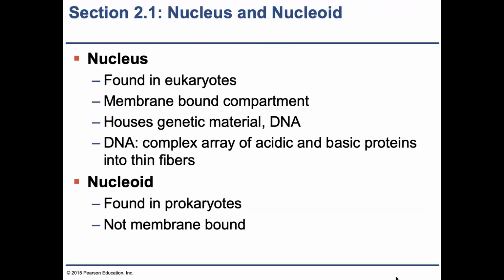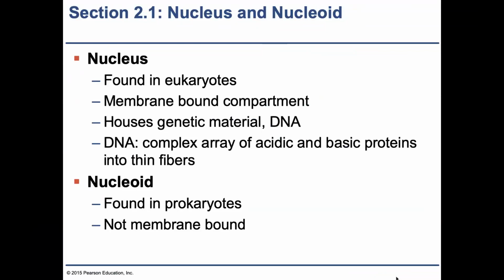So it's housed in a second membrane-bound compartment, not the outer plasma membrane, but instead a nuclear membrane. And it's within this subcellular compartment that the genetic material is found, again, in the form of either one or more DNA molecules. So that's true for eukaryotic cells. That's not true for prokaryotic cells.